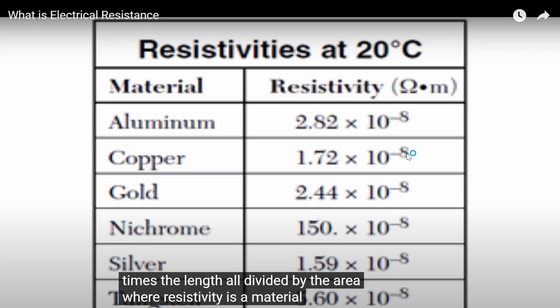Because of that resistivity, instead of just flowing through, energy would be given off as heat, which could cause house fires, which is no good. And so why don't we use gold for our wires? Because gold has a much better conductivity. Too expensive. Copper is a good compromise.